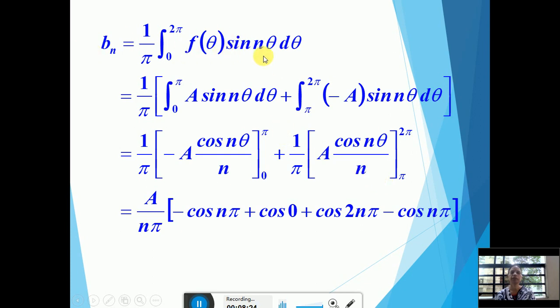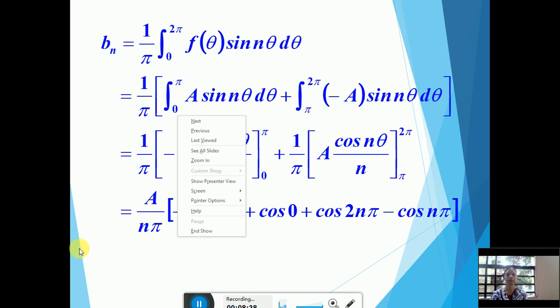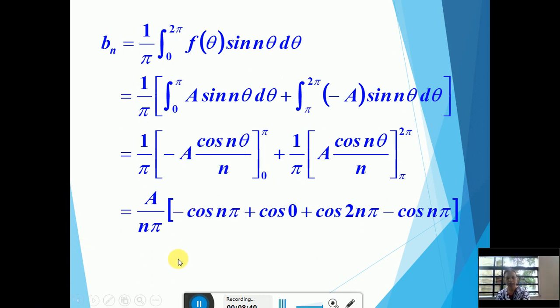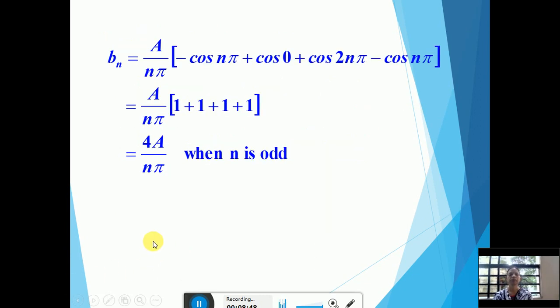Now to determine bn, you have to multiply it with sin n theta. So the integral of sin n theta is minus cos n theta by n here too, and then when you multiply and integrate and apply the limits, what you are getting is cos n theta by this. So the relation you are getting is minus cos n pi plus cos 0 plus cos 2n pi minus cos n pi.